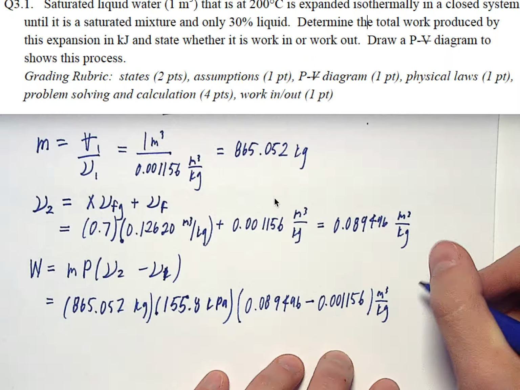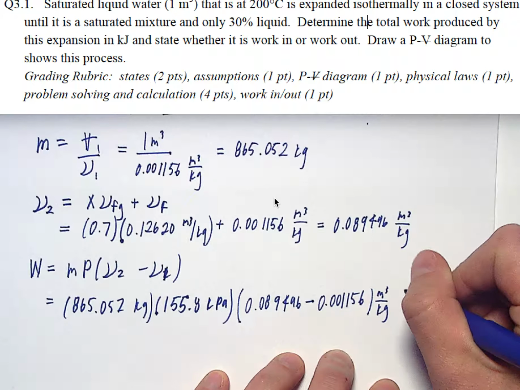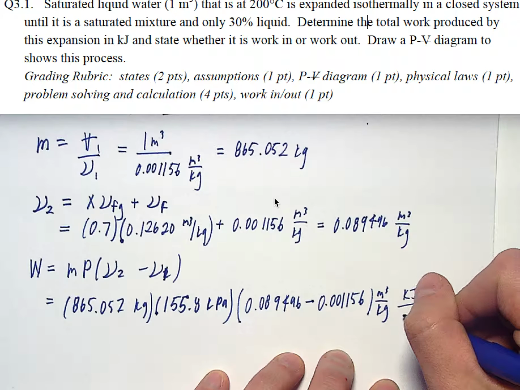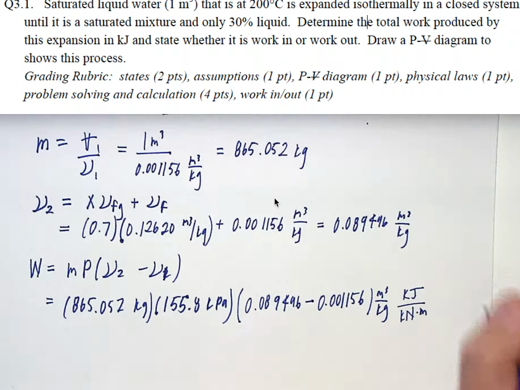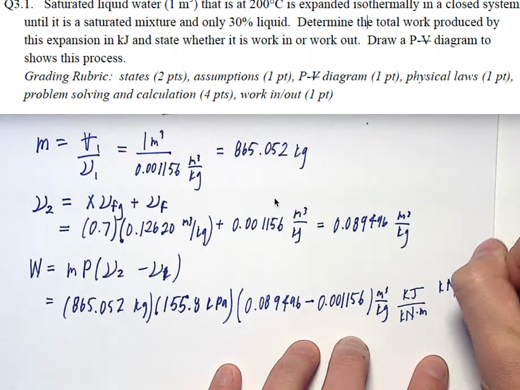So we know that a kilojoule is equal to a kilonewton times a meter. And then a kilonewton over a meter squared is equal to a kilopascal.